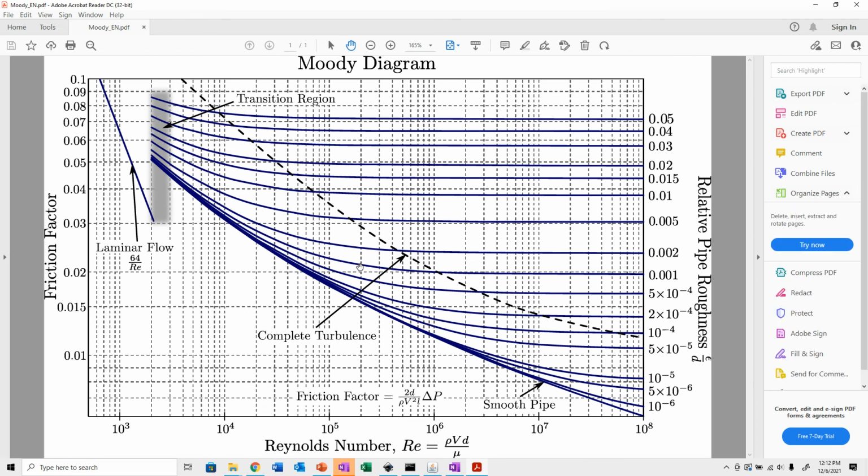And for the fluid properties, if you need to look those up, look in the tabulated fluid properties page on the icon modules.